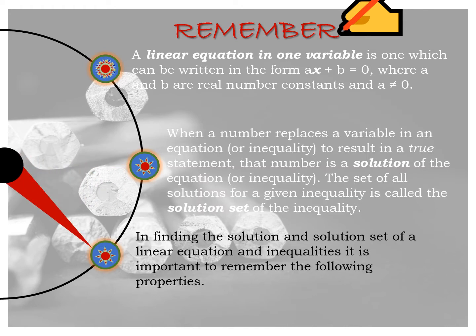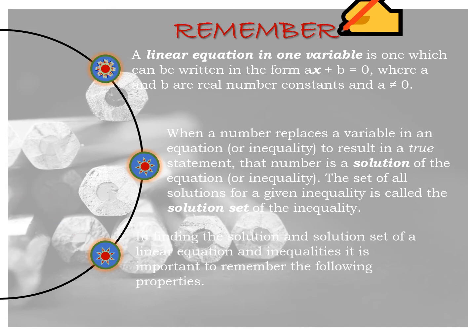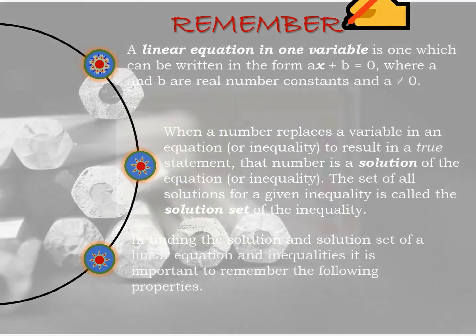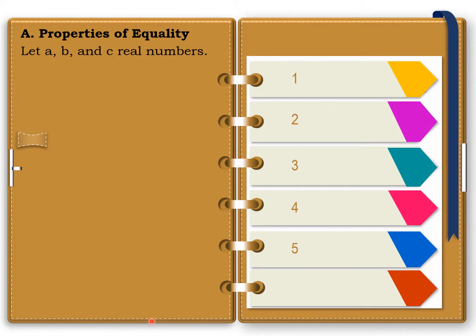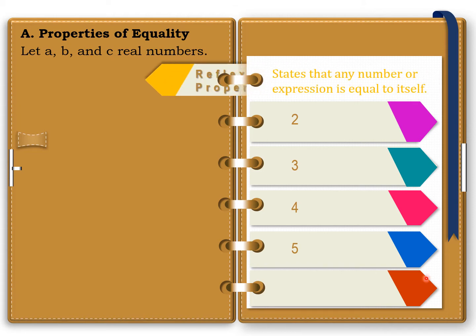Third, in finding the solution and solution set of linear equations and inequalities, it is important to remember the following properties. These are the properties of equality. Let A, B, and C be real numbers. The first property is the reflexive property, which states that any number or expression is equal to itself.